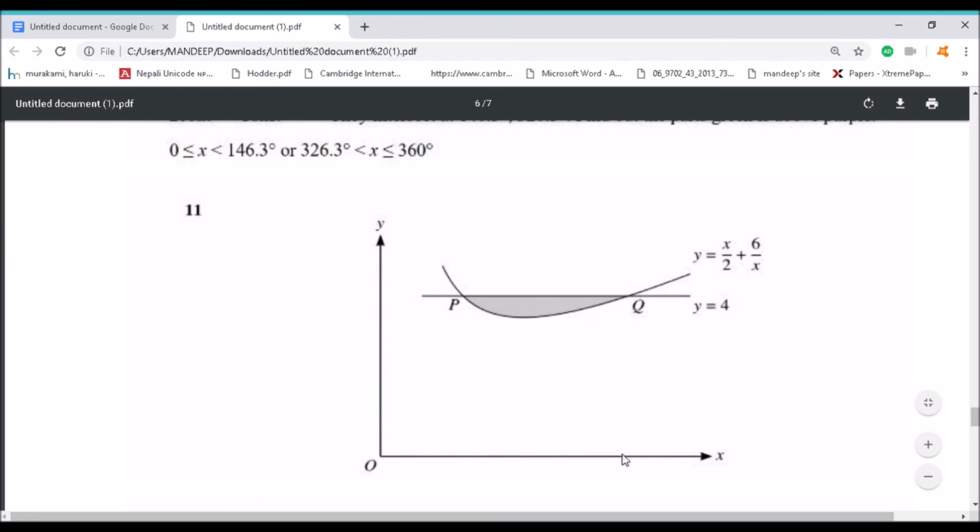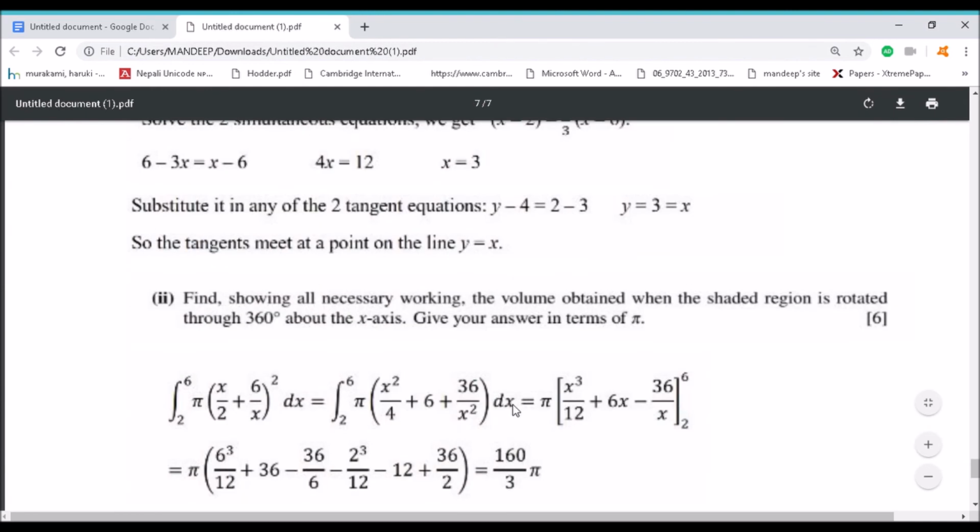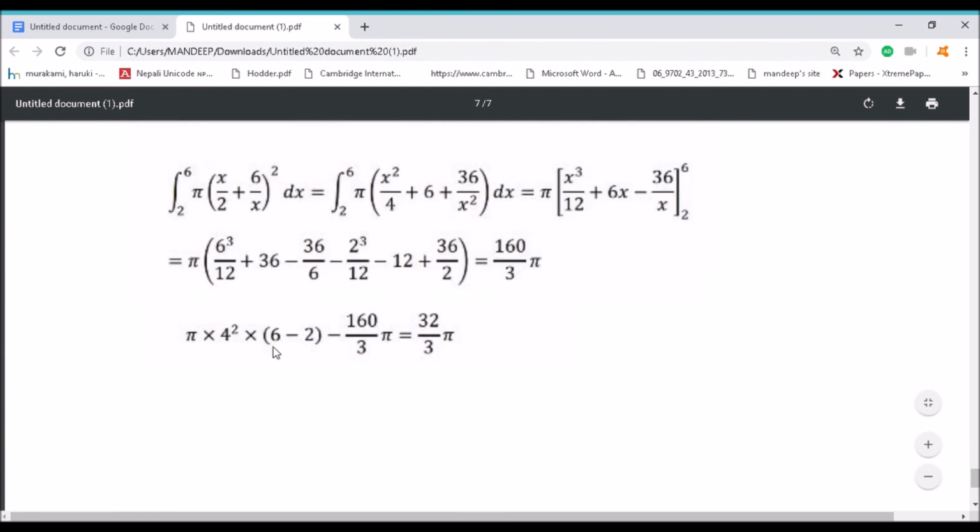This is the area we found. So we have to subtract that from the total, which is going to be pi r squared times 6 minus 2, which is the range. So 6 minus 2, minus 160 divided by 3 pi, which is going to be 32 over 3 pi.